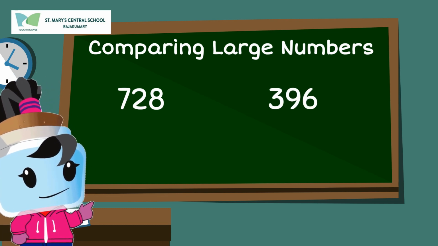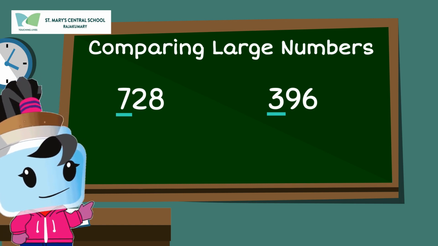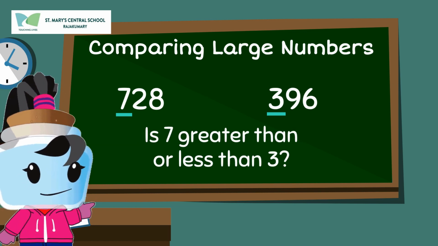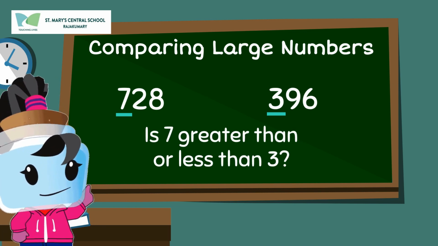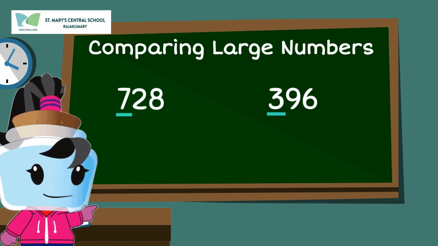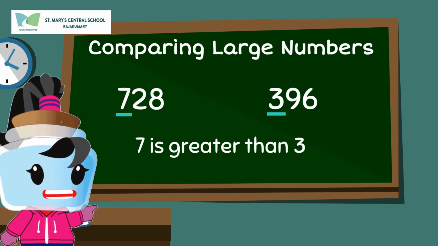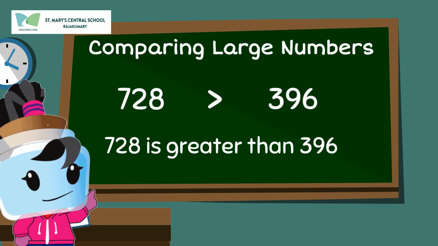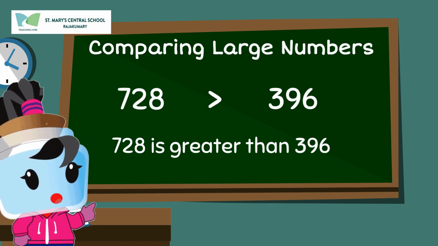Start by comparing the leftmost digits, which are in the hundreds place. Is 7 greater than or less than 3? You got it! 7 is greater than 3. That means 728 is greater than 396.